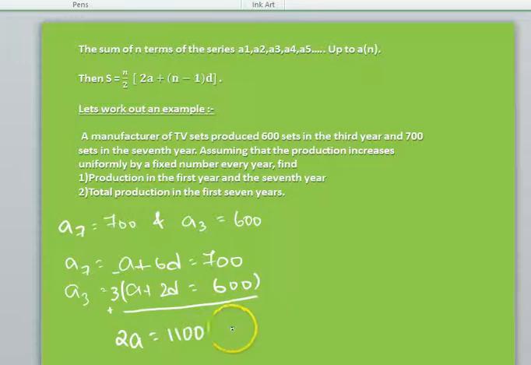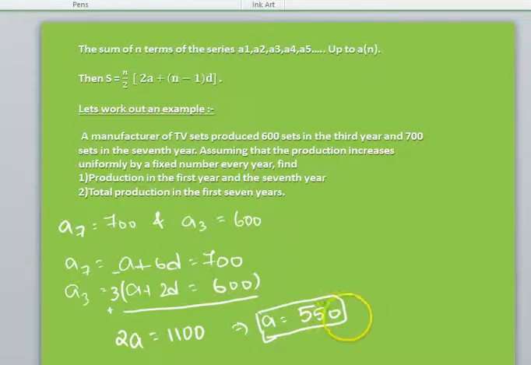So I remain with a is equal to 1100 by 2, that is 550. a is equal to 550 TV sets. In the first year, 550 television sets were produced.